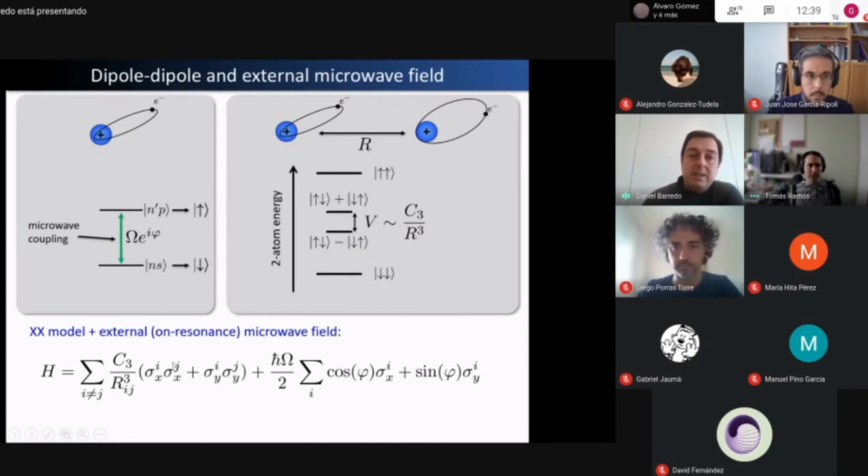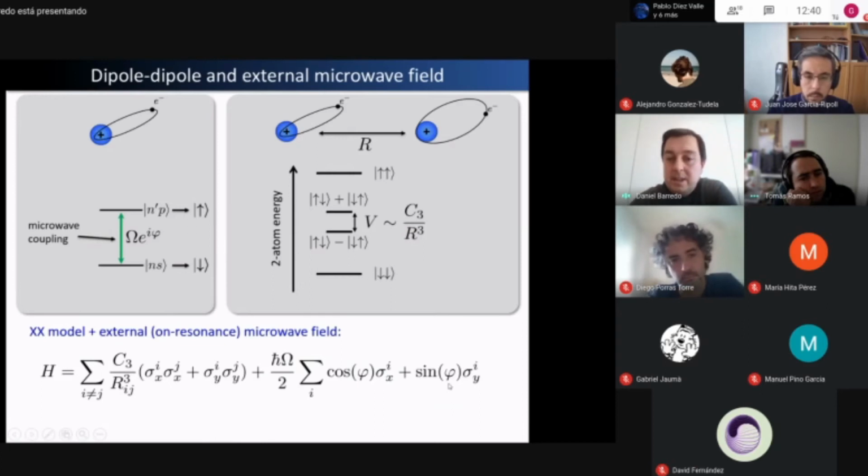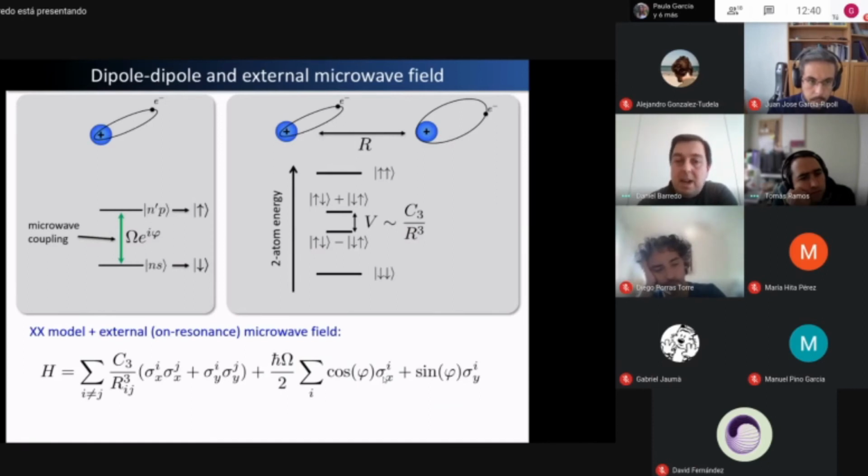The way we do it is that we can use this external microwave field which has this radio frequency omega and phase phi, and when you write your Hamiltonian, you can see that basically what this microwave field does is you can do arbitrary rotations along sigma x and sigma y. So with this, you can basically transfer your interactions to a different plane, if you wish. And this is what we are going to try to do now.